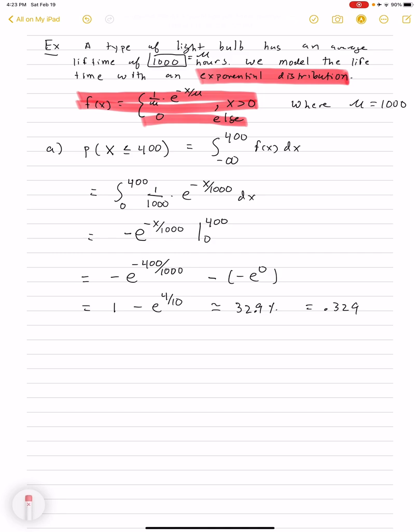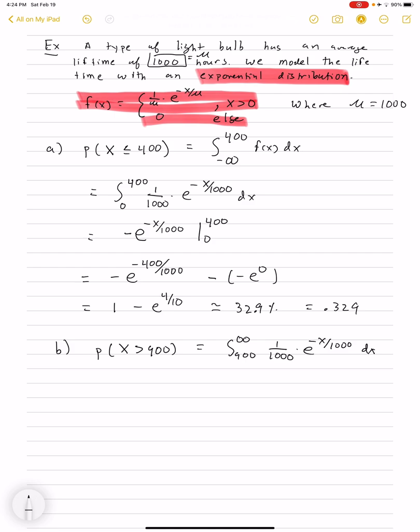Now, we could also ask, calculate this probability: what's the probability x lasts longer than 900 hours? Well, this is going to be the integral from 900 to infinity of f of x, which is 1 over 1,000 times e to the minus x over 1,000.